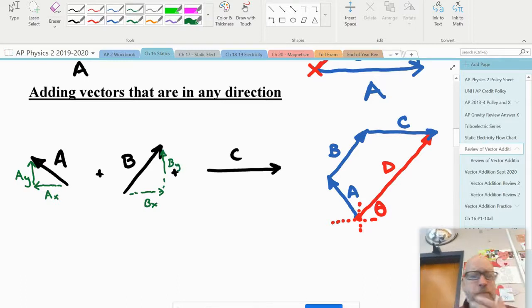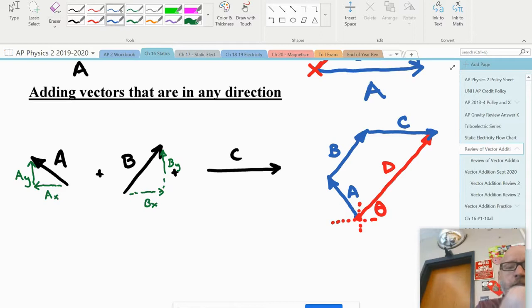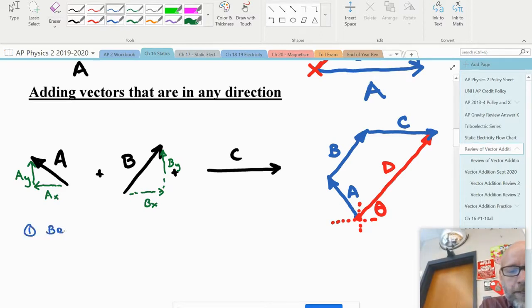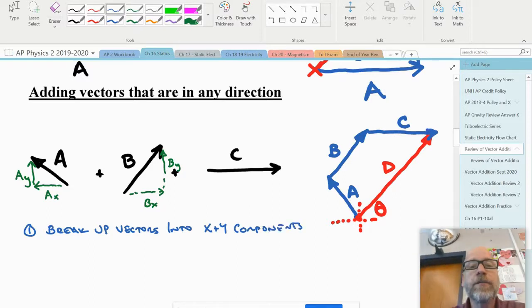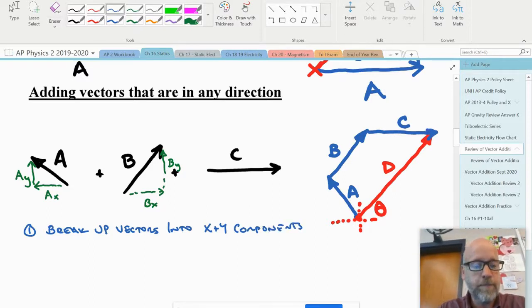And then C, well, C is just in the X direction. So my first step, step number one, would be to break up vectors into X and Y components.